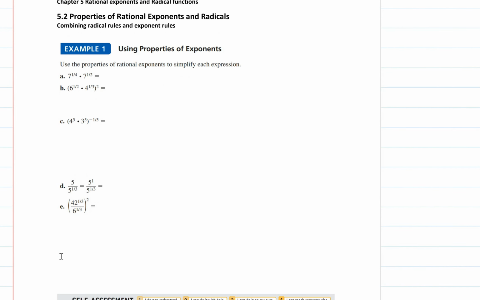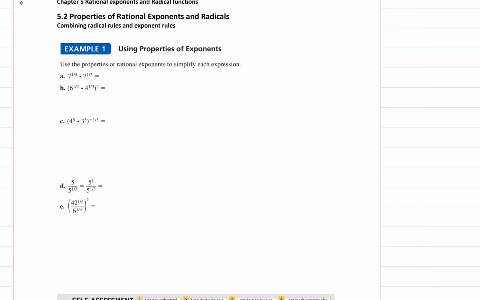So let's head to our notes packet and let's just do some examples. Since we know our exponent properties, it doesn't matter what the value of the exponent is, we can just do the properties that they say. So for example, in part A, I have two numbers that have the same base 7, and then they both have exponents.